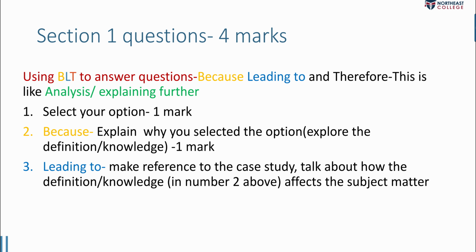Then secondly, you now think of leading to. Basically, you are making reference to the case study. Remember, it's like you're applying it. Whatever the question talks about is usually a case study. You want to make reference to it and talk about how the definition, that is what you have defined in point 2, affects the subject matter.